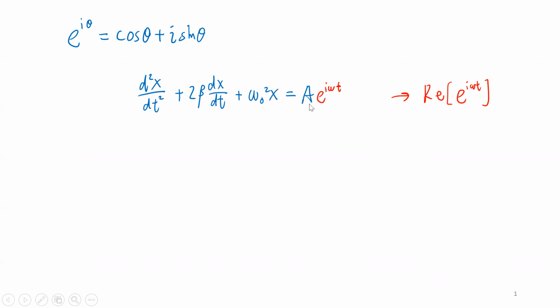But what I'm going to do is solve this slightly different problem, just leave it as it is, and at the end take the real part of the entire thing.